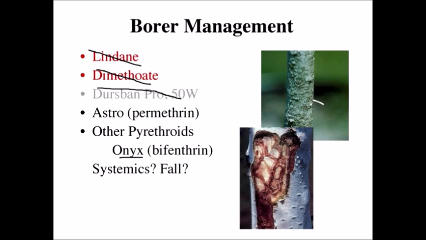Now down here I mentioned systemics. Most of these borers will not respond to, or not be killed by, a systemic pesticide that is taken up by the plant, because the product is just not getting into the plant where the borers are.